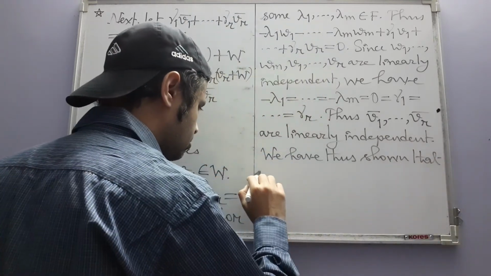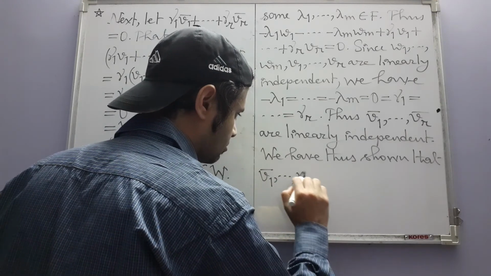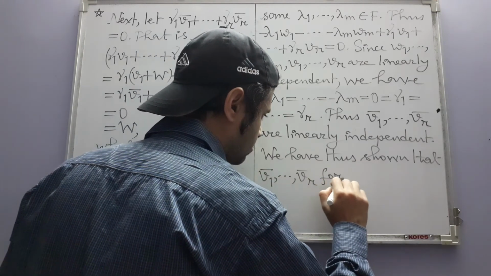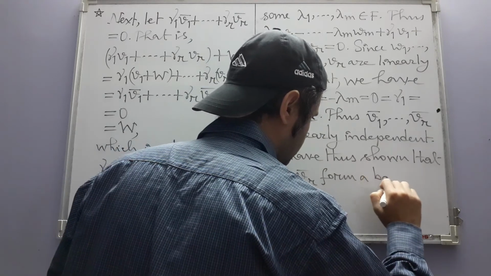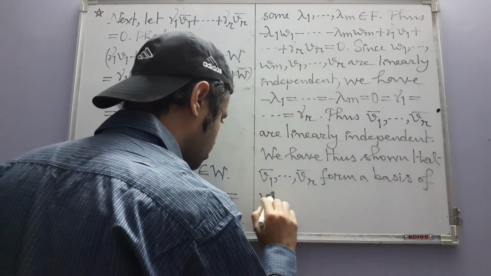We have thus shown that these vectors, these R vectors, form a basis of the quotient space.